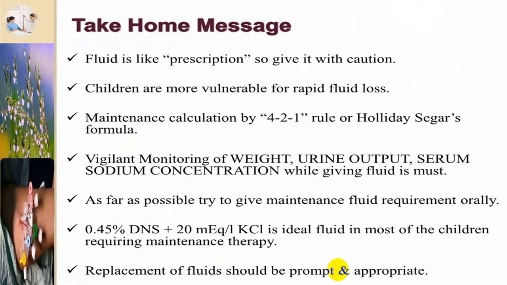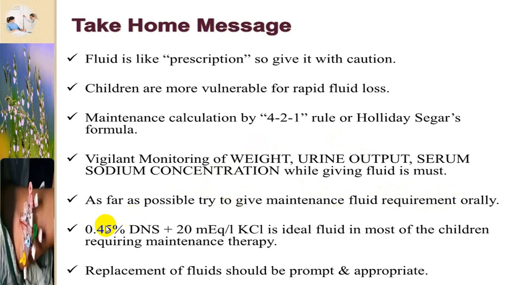So, take home message again: fluid should be treated like a prescription of any drug. Children are more vulnerable to rapid fluid loss. Always use the 4-2-1 rule for maintenance. While monitoring, look at the weight, urine output, serum sodium concentration, PCV, etc. As far as possible, try to give maintenance fluid by the oral route as early as possible.